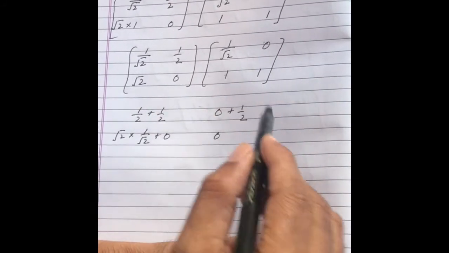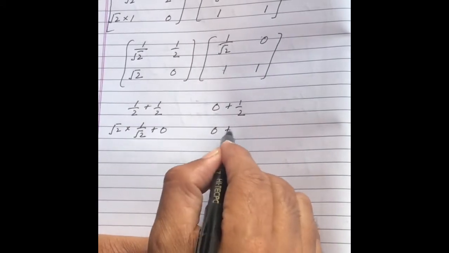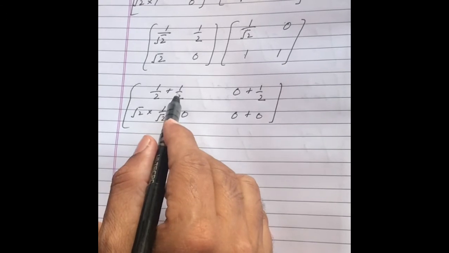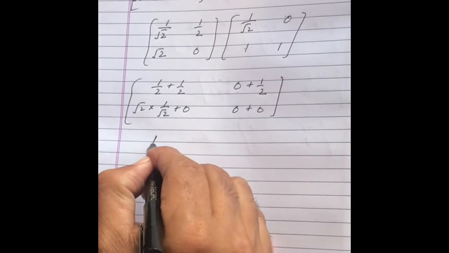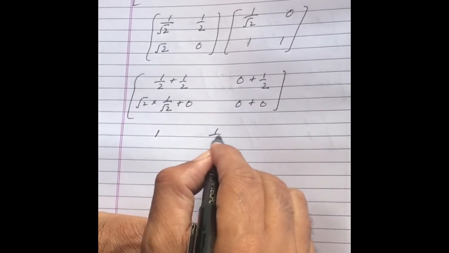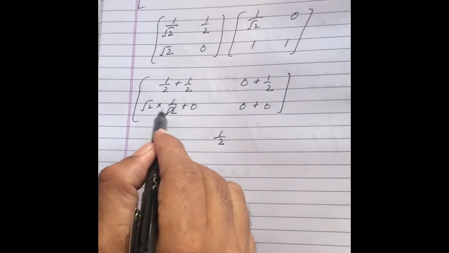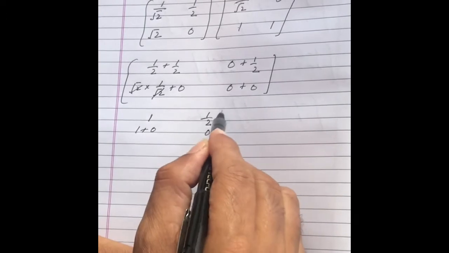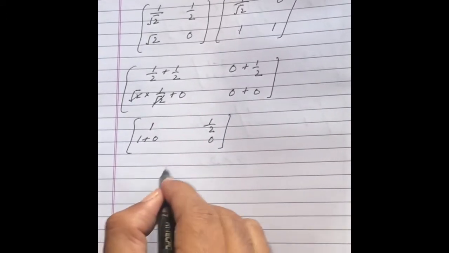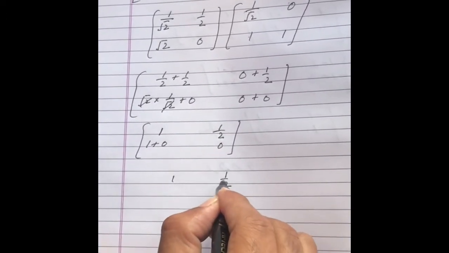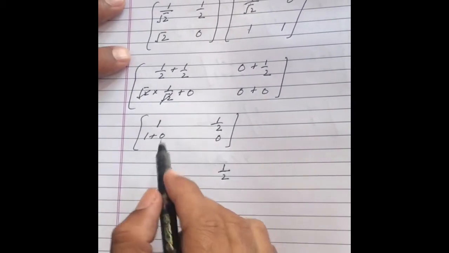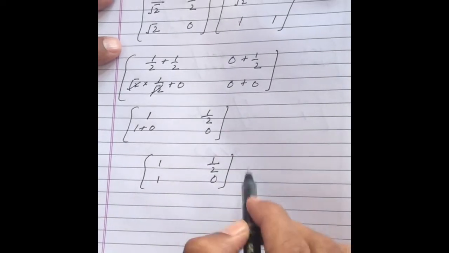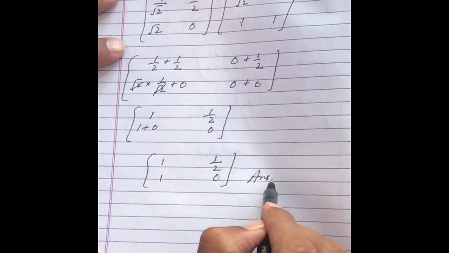Second row, second column: 0 into 1 is 0. So 1 by 2 plus 1 by 2 becomes 1. 0 plus 1 by 2 is 1 by 2. This will cancel. 1 plus 0, 0 plus 0 is 0. So 1, 1 by 2, 1 plus 0 is 1, 0. That is my answer.